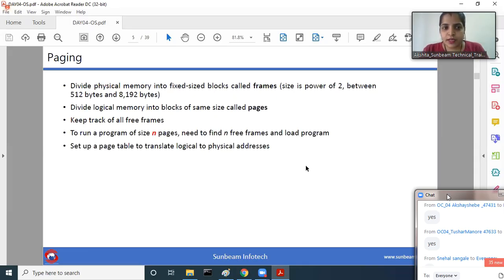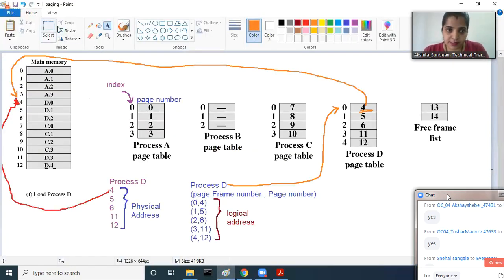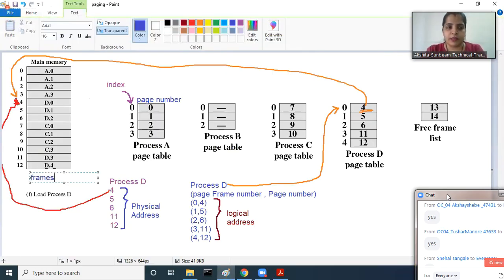What is paging? It divides your physical memory into fixed size blocks called frames. It divides the logical memory into blocks of the same size called pages. Means I can say that inside your main memory, your division is in the form of frames.